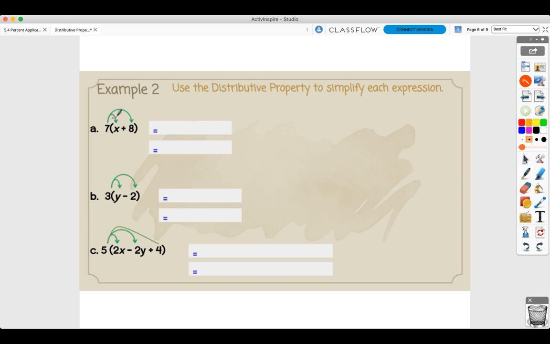So what this is telling you is you're doing 7 times x, and there's an addition there, so plus 7 times 8. 7 times x, 7 times 8. And now you're just going to simplify this. 7 times x is 7x, plus 7 times 8 is 56.